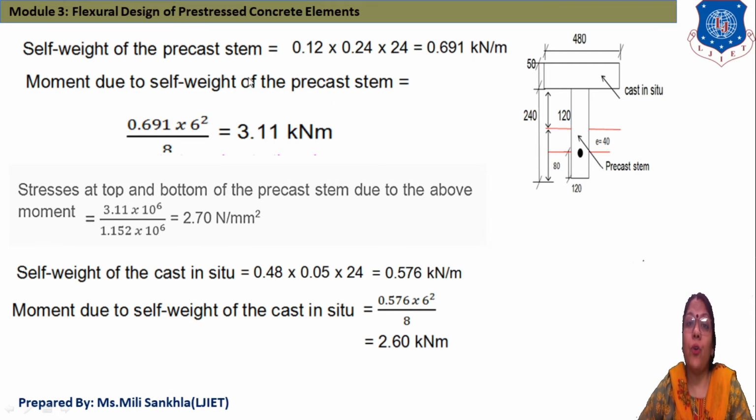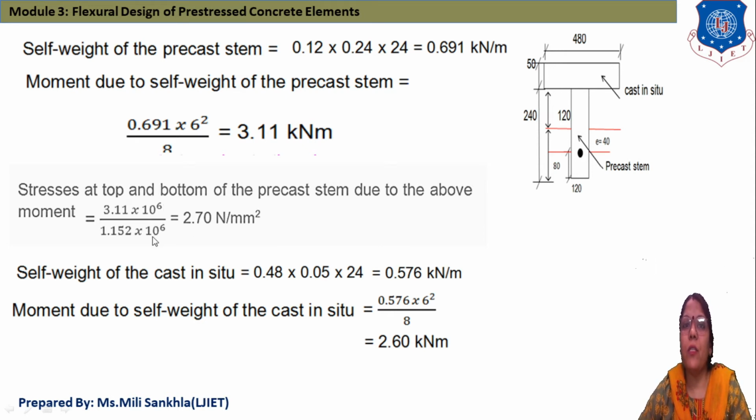Now we find out moment due to this self-weight, that is WL square by 8, with L equal to 6, which is 3.11 kilonewton meter. Now we find out stress at top and bottom of precast stem due to this self-weight moment, equal to M by Z. Moment we found as 3.11 kilonewton meter, so convert into Newton mm, 10 raised to 6.